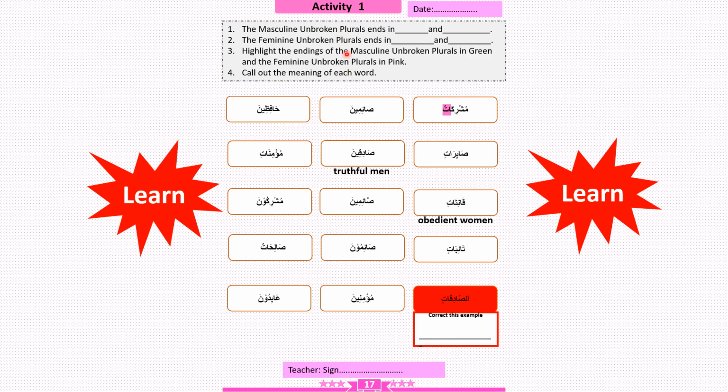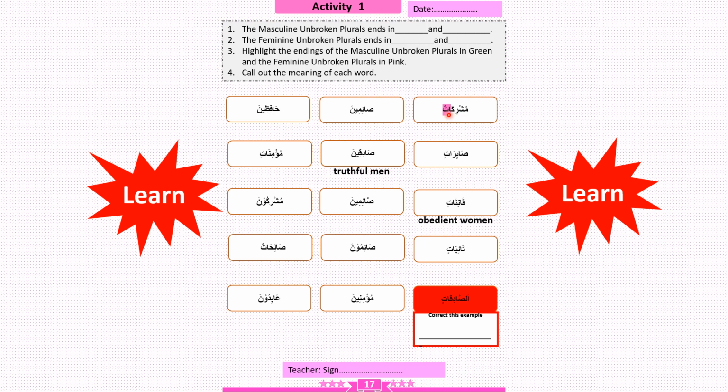So what we need to focus on in this activity is to fill in these two questions on the top. Highlight the endings of masculine unbroken plurals in green, just the endings, and the feminine unbroken plurals in pink, like it's done here with the word mushrikatun.